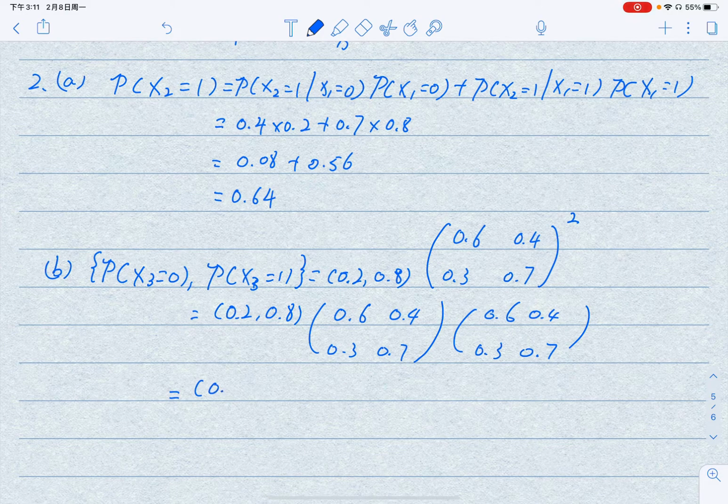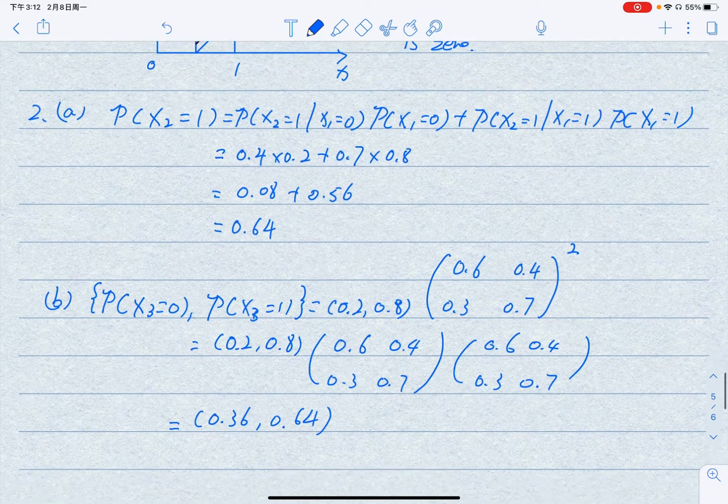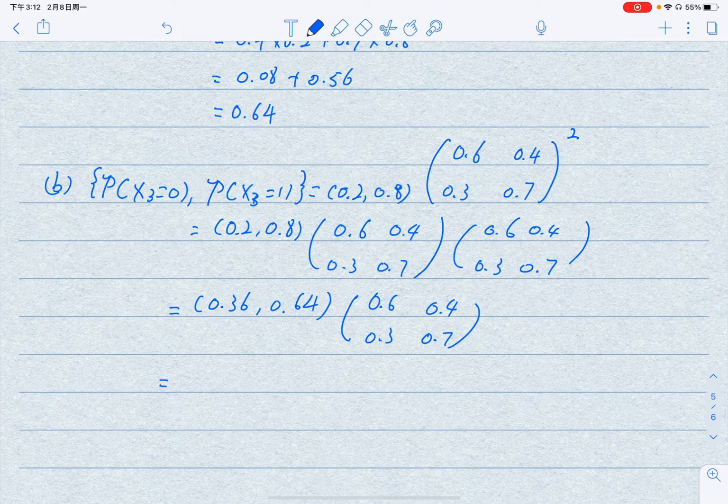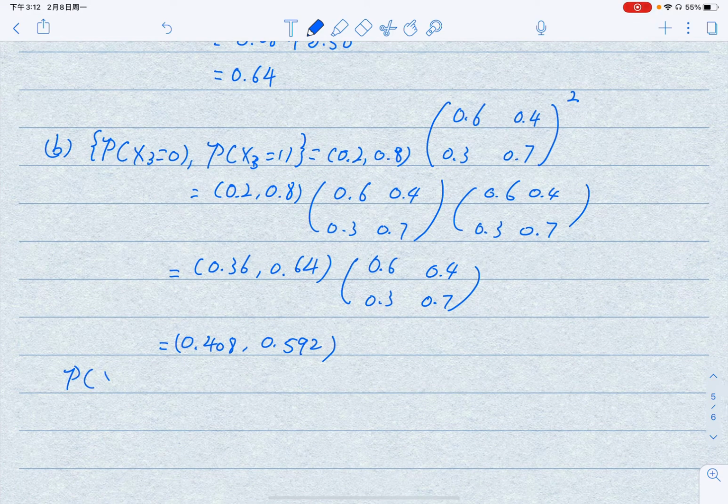So we have 0.36, 0.64, which we can see is the same as problem A. The output of X2 equals to 1 is exactly the same. So we multiply the matrix again. Do the calculation. We have 0.408 and 0.592. So therefore, the probability for the X3 outcome equals to 1 equals to 0.592.